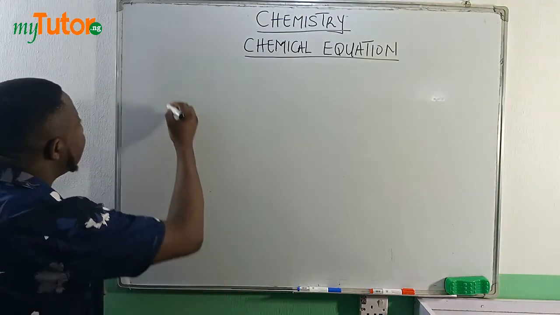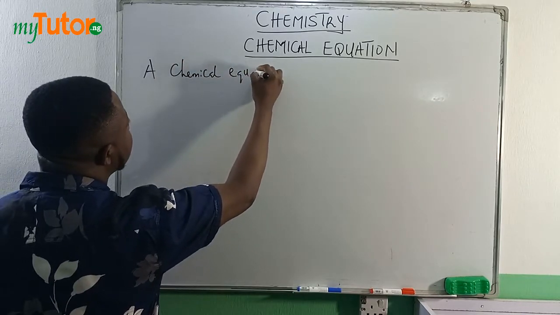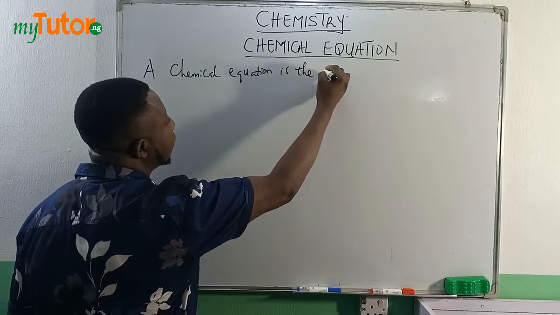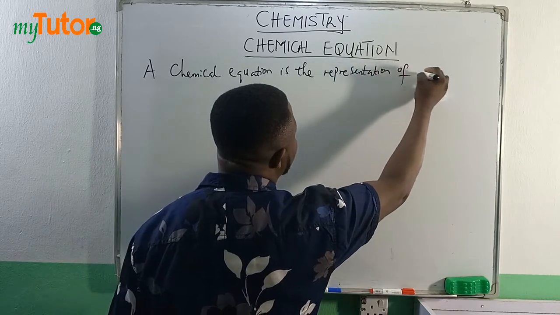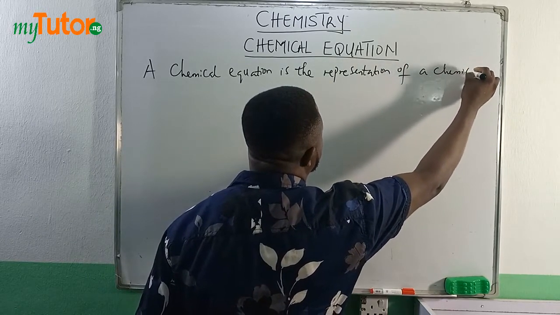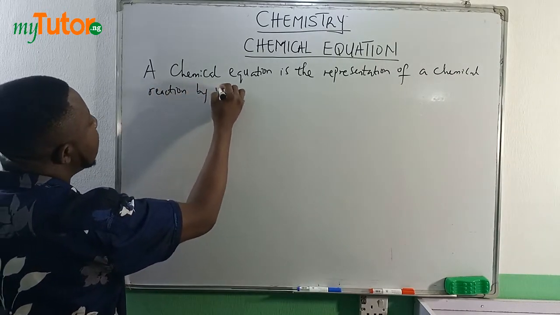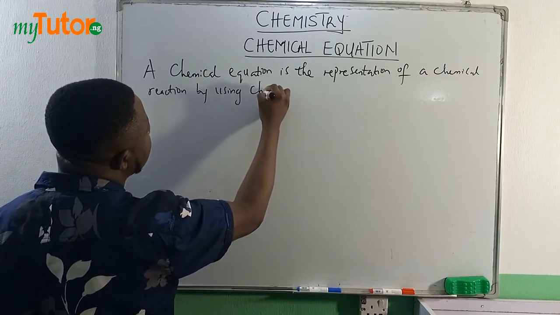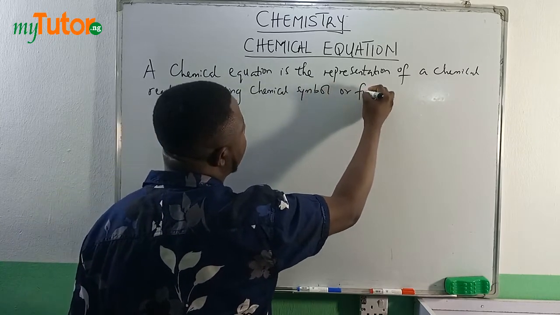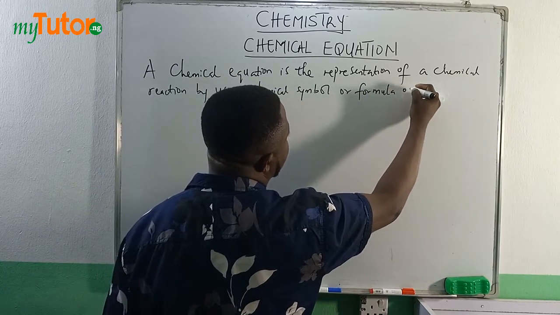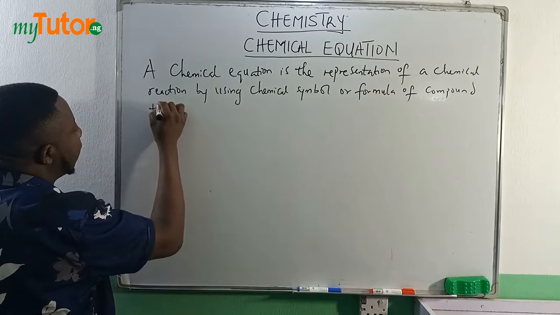So by definition, a chemical equation is the representation of a chemical reaction by using the chemical symbol or formula of the compounds that are involved in the reaction.